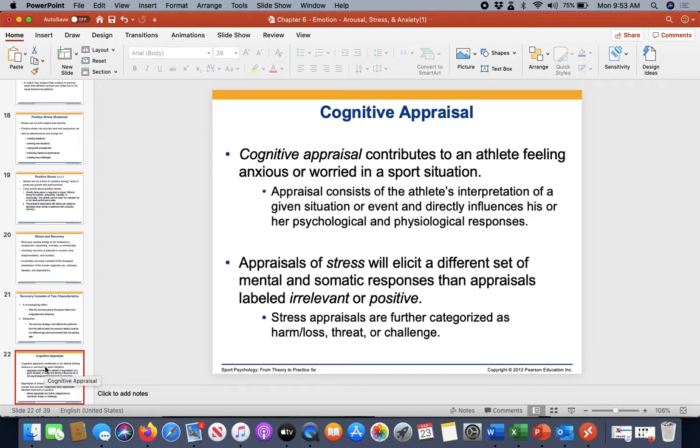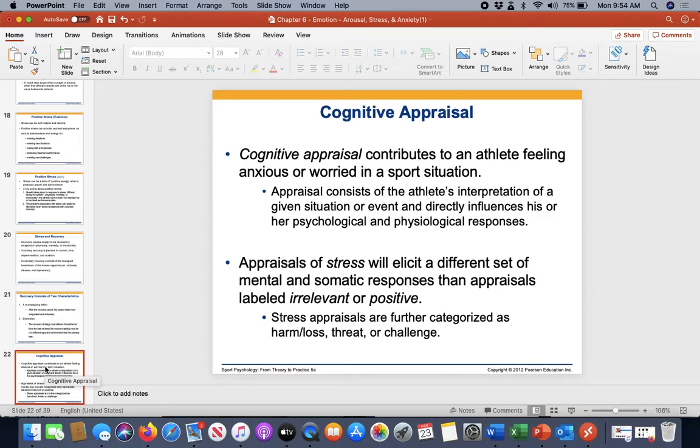Moving forward, we talked about this word appraisal before, cognitive appraisal. Basically, observing the mental side of everything and how players are anxious or how they're stressed.